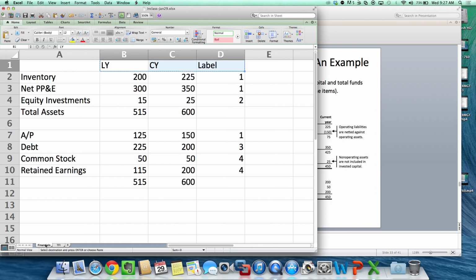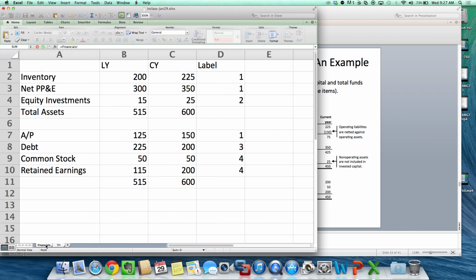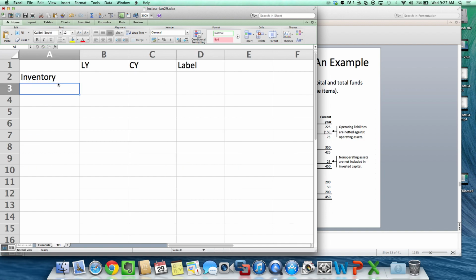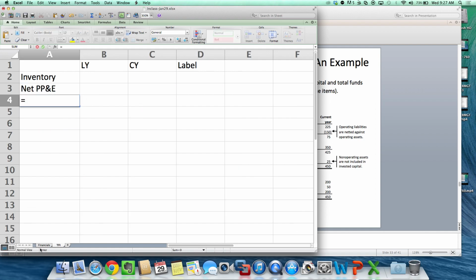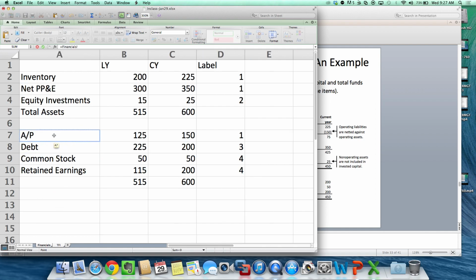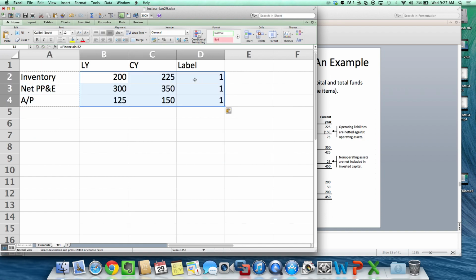So what are my 1 assets? Inventory, property, plant, equipment, accounts payable. Those are my ones. And I even see my labels that are my ones.